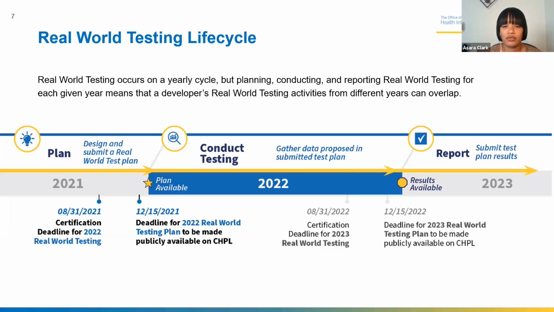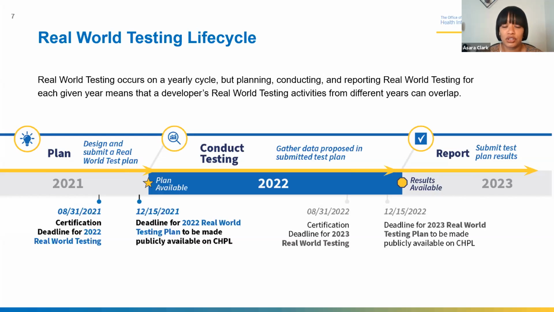So you'll be wrapping up conducting real-world testing in 2022 as you're planning for how you're going to approach your real-world testing in 2023. That plan for calendar year 2023 is going to be due to be made publicly available on CHPL no later than December 15th of 2022. While you're wrapping up 2022 real-world testing, you're going to be planning for 2023 real-world testing.